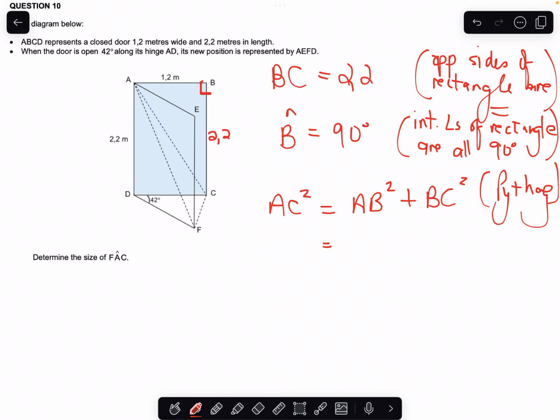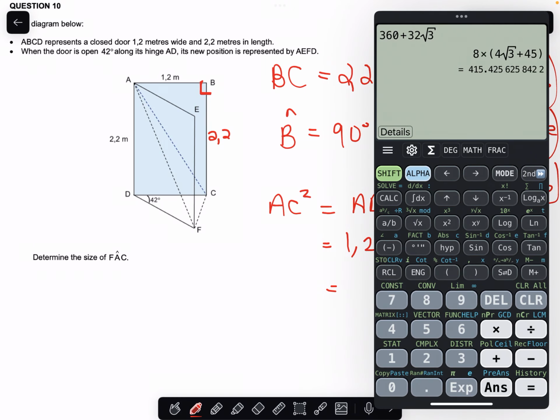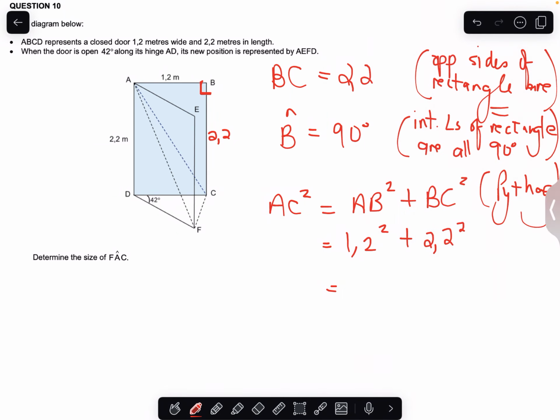So that is going to be 1,2 squared plus 2,2 squared. That for me is going straight into the calculator. So that is 6,28. And so therefore AC, I'm just going to leave it as that.